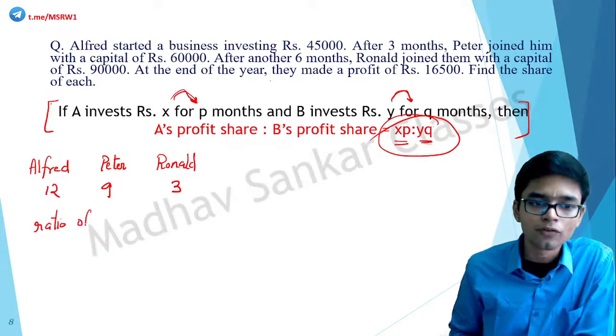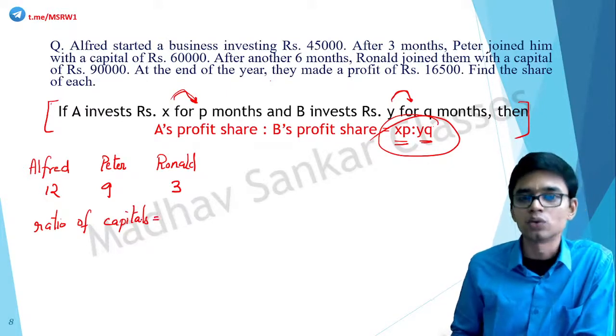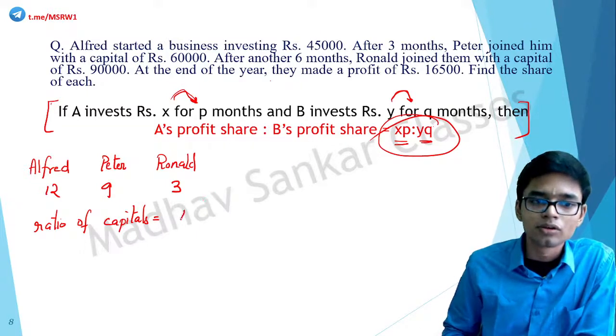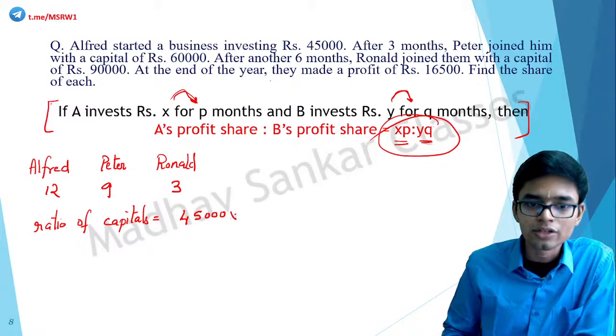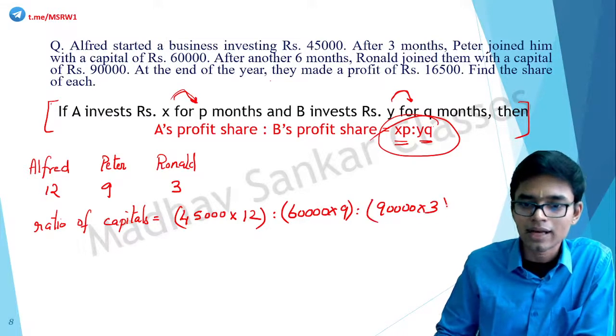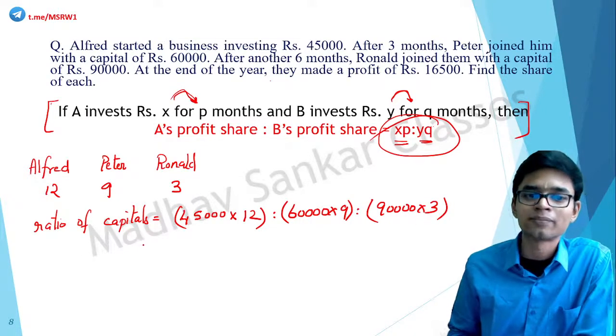Ratio of capitals is equal to, be very clear here, 45,000 into 12 is to 60,000 into 9 is to 90,000 into 3. Is that clear? Did you understand this?